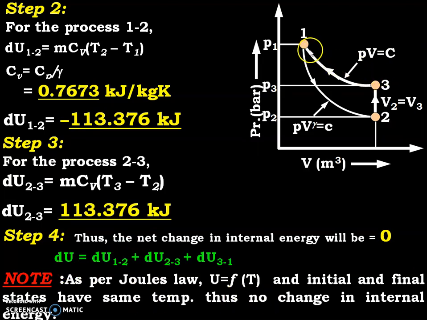And we know that this is a cyclic process. Initial and final states are the same, and for that, delta U is 0. As per Joule's law, the internal energy is a function of temperature, and the initial and final states have the same temperature. Thus, no change in internal energy, and net delta U is 0.